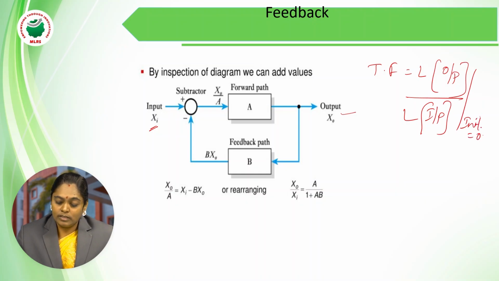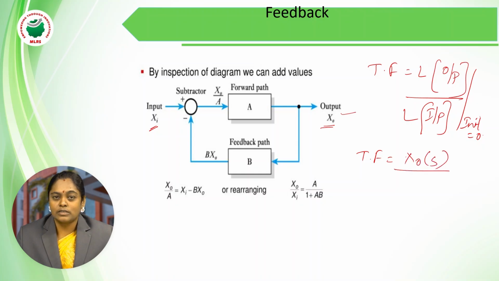So if you observe this system, the output is x0 and the input is xi. For this system, the transfer function is x0 of s by xi of s, where s represents the Laplace domain. That is output by input in the Laplace domain, assuming the initial conditions are equivalent to 0.